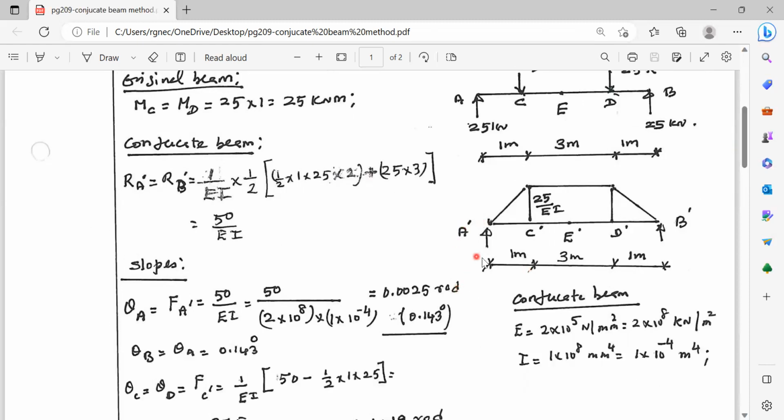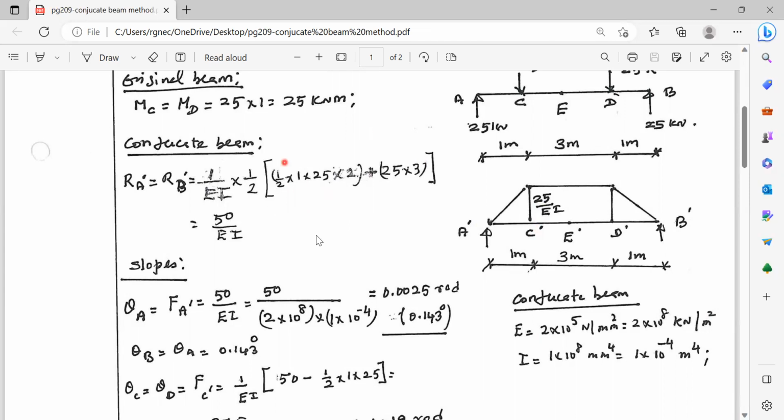Now, what is the shear force in the conjugate beam? The shear force in the conjugate beam at A, the reaction RA dash, will be the shear force in the conjugate beam. Now, RA dash is given by 1 by EI times, since EI is common, take it outside, into the area of this triangle, 1 by 2 into 1 into 25.